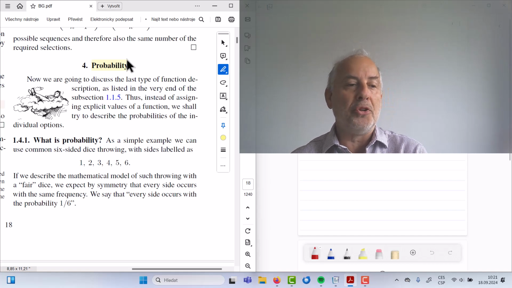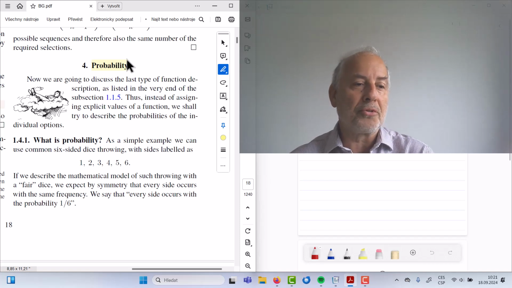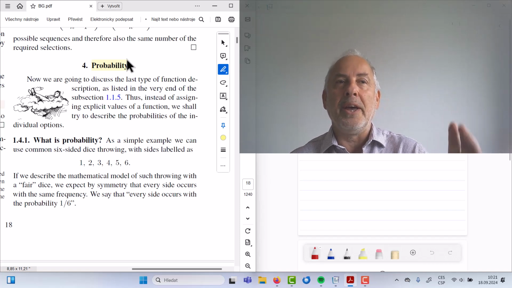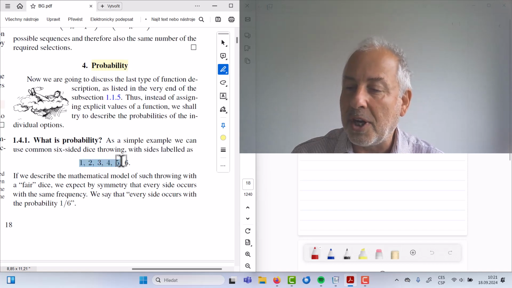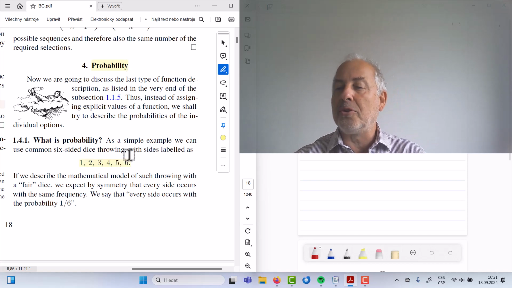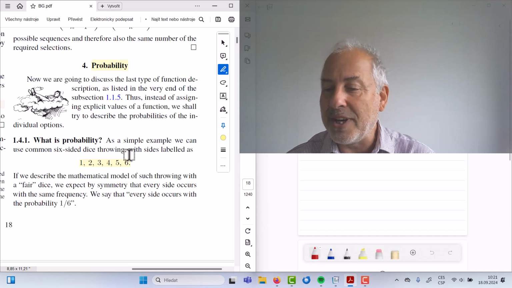So imagine you have a coin and you throw the coin and count how many times you get one of the two sides, right? Or you throw a dice with six possible results, as we all know from childhood or still are playing these games.